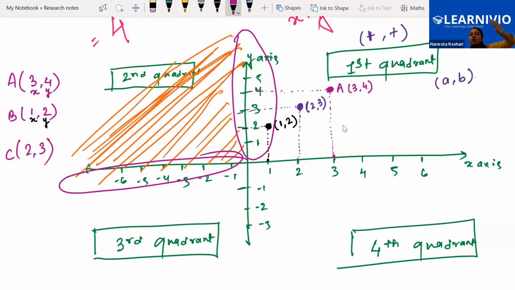So if we focus on the second quadrant only, the orange shaded part, you will find on the x-axis negative numbers, and on the y-axis only positive numbers. These two combined together make our second quadrant.